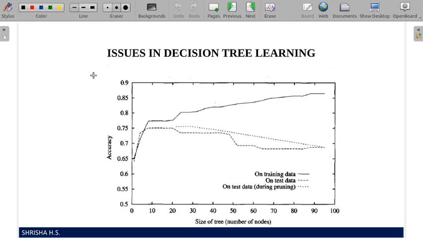There is always an optimum tree. The tree is big and has overfit the data, so we start pruning it. Normally one or two branches maximum. If we cut off all the branches of the tree, the accuracy will decrease, and that's what the graph is showing. This is just an illustration and also content for your examination.